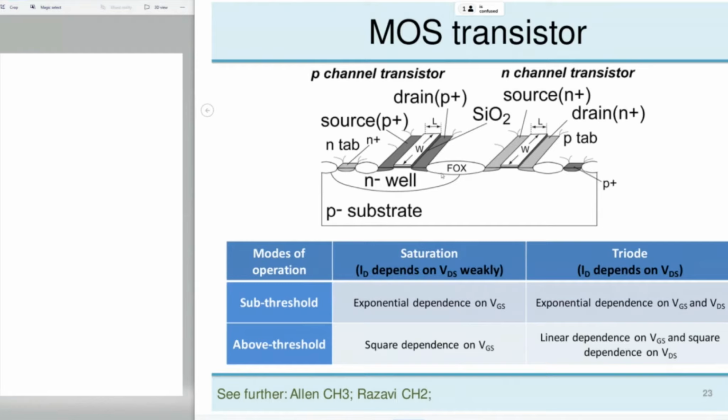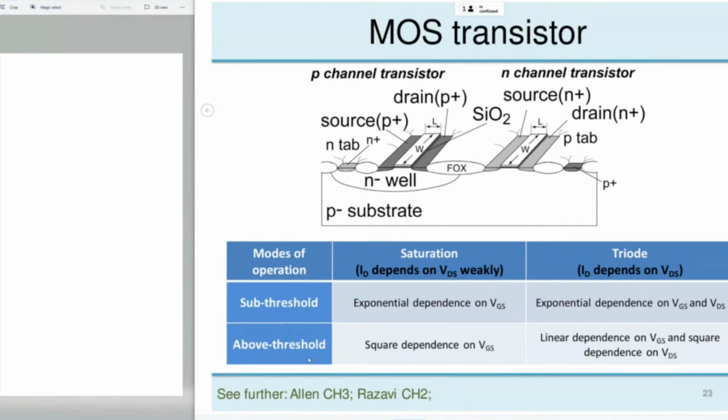And then in the triode region, the current depends on the drain source voltage. You know this. And then for saturation and triode region, we also distinguish two main regions depending on the channel: either in subthreshold or above threshold. And this is given, of course, by the gate source voltage. Either the gate source voltage is below the threshold or above the threshold.